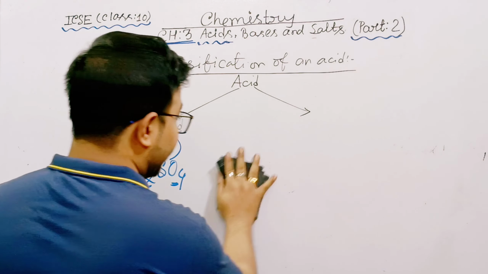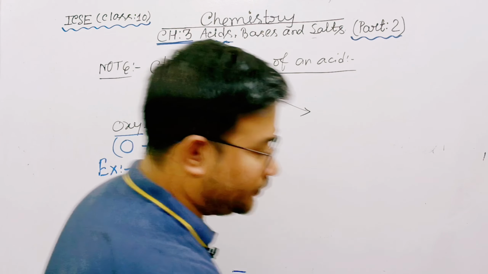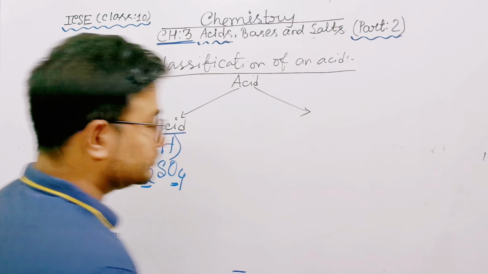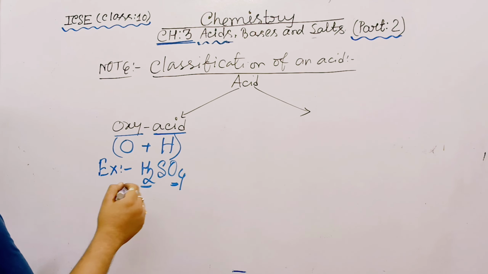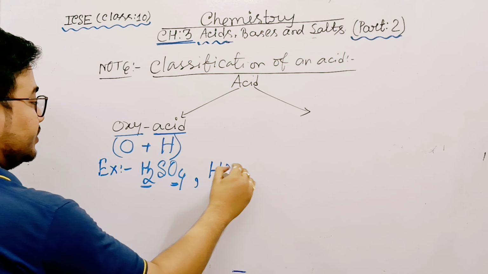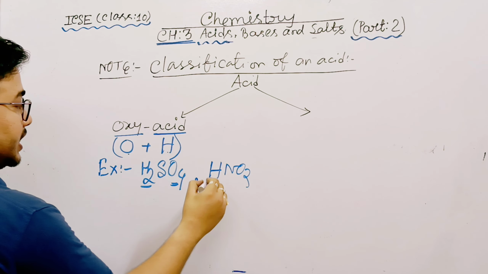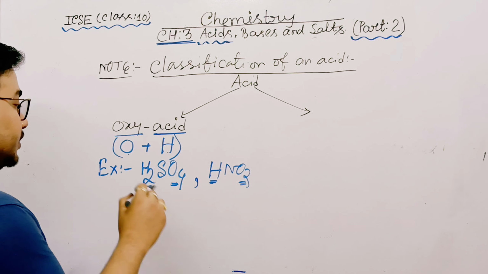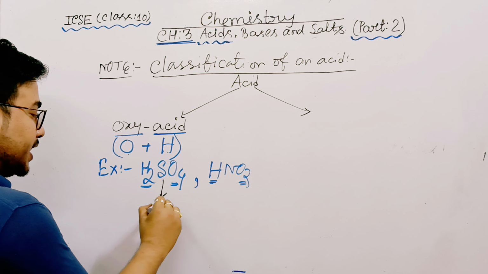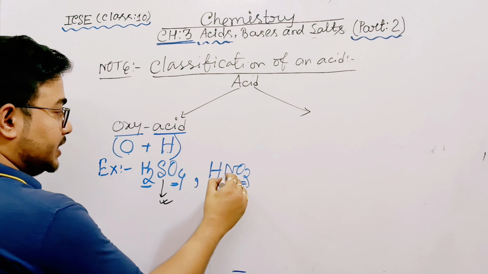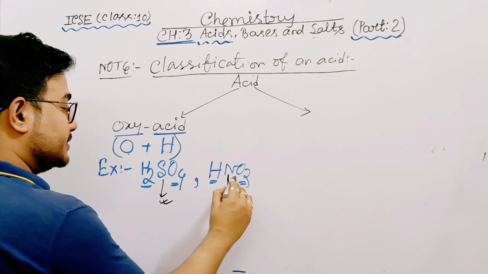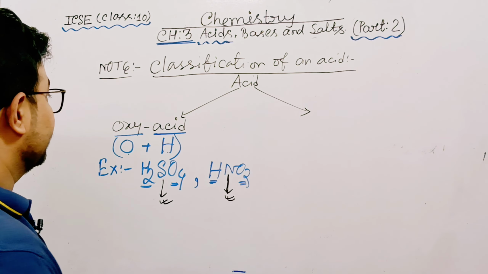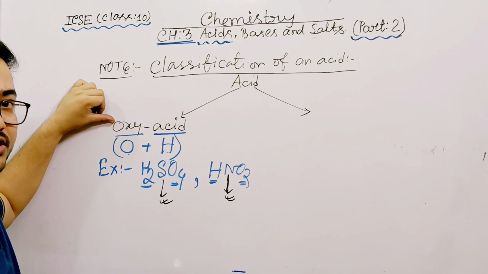Okay, done. Can you give another example of oxy acid? Tell me. HNO3. See, hydrogen, oxygen. Here one extra sulfur atom is present, here another extra atom nitrogen is present. Now again, what is the definition of an oxy acid?